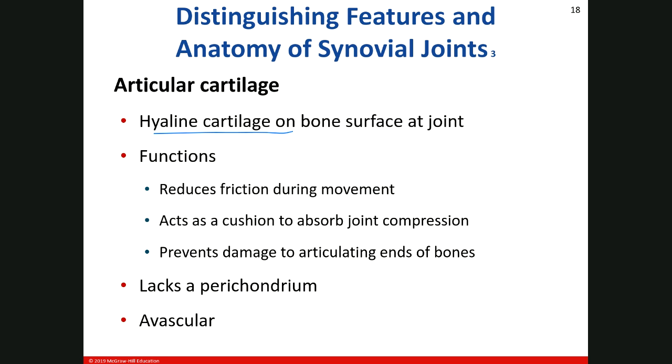Hyaline cartilage does, and this is a type of hyaline cartilage, but articular cartilage does not. So make a point to know that, and most importantly, because I've seen this asked on test questions, that articular cartilage, mainly mature articular hyaline cartilage, is avascular. Mature cartilage is avascular.